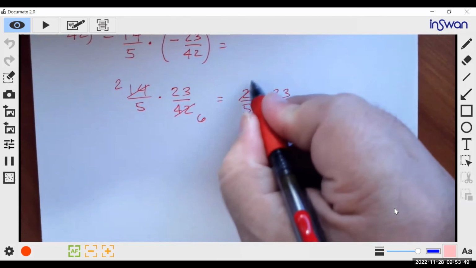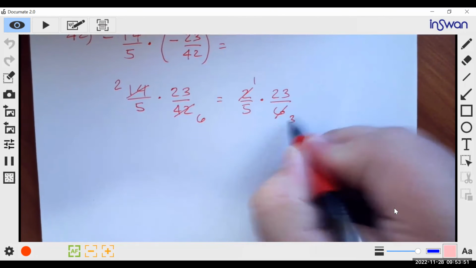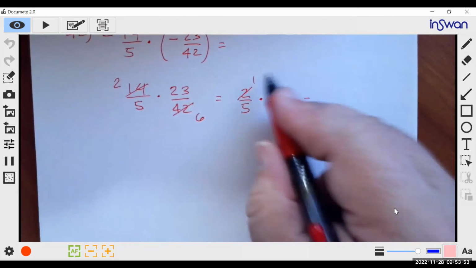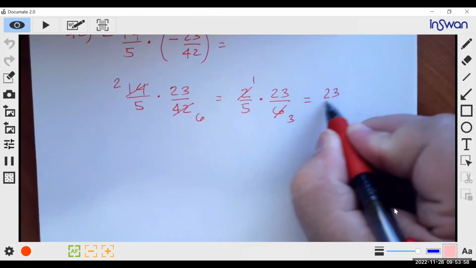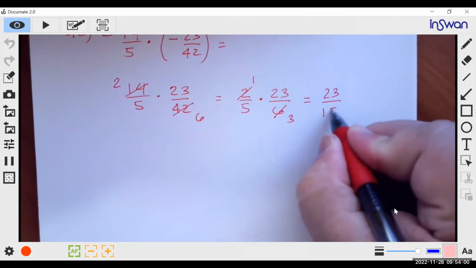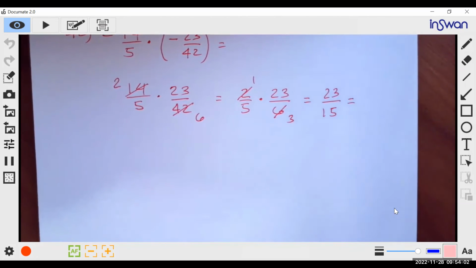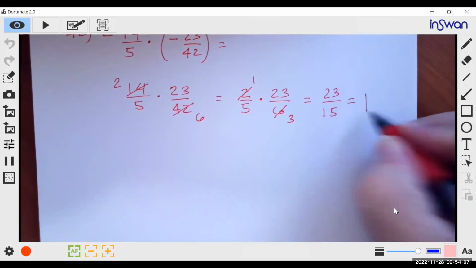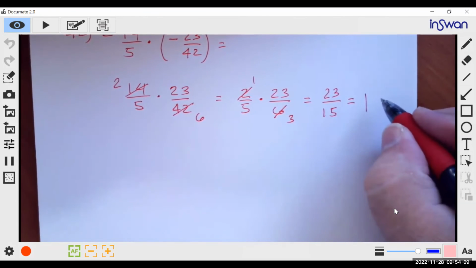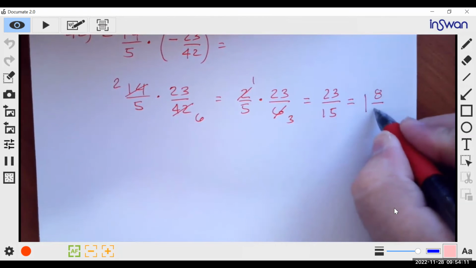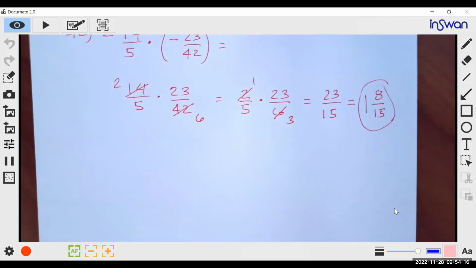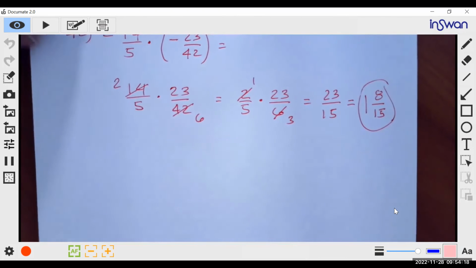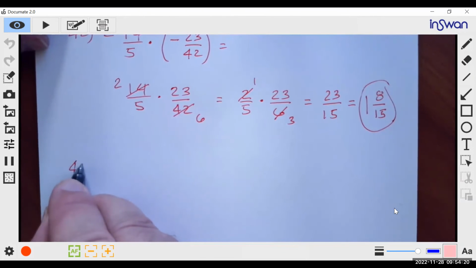Yep, 6 and 2. 2 goes into 2 once. 2 goes into 6 3 times. 1 times 23 is 23. 5 times 3 is 15. How many times does 15 go into 23? With how many left over? And there's your answer.